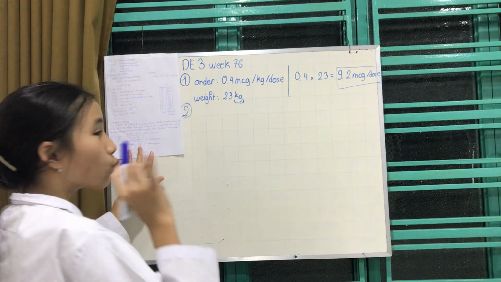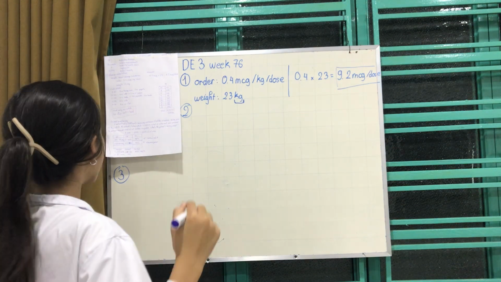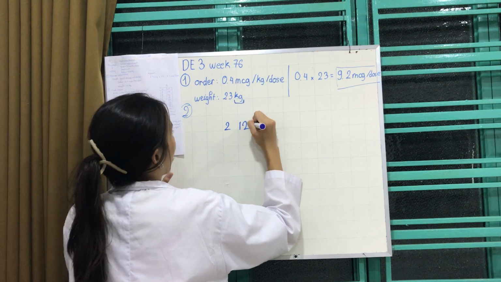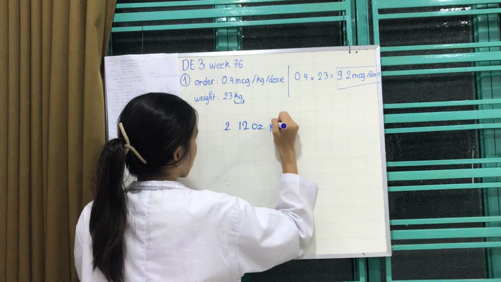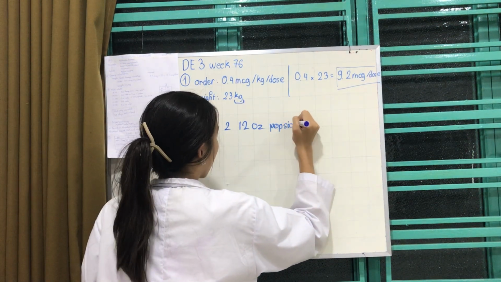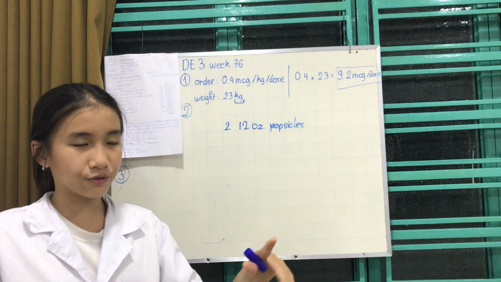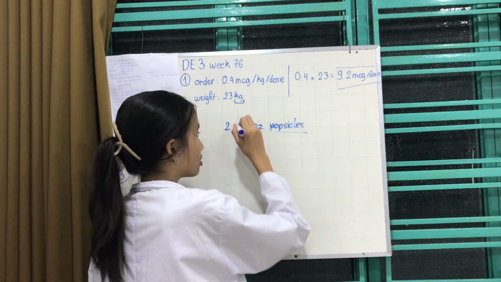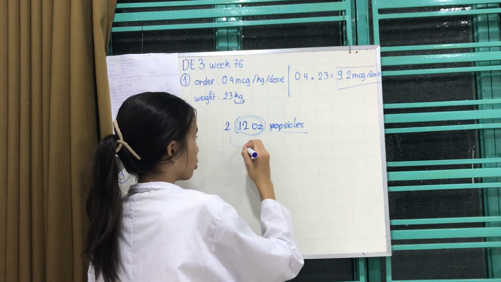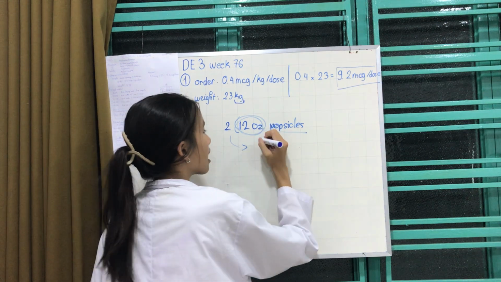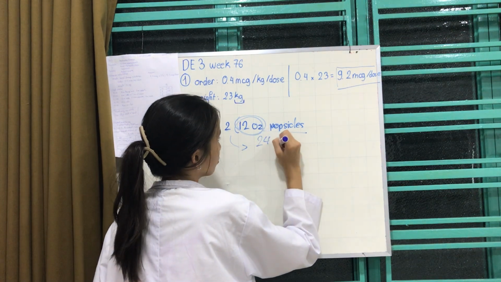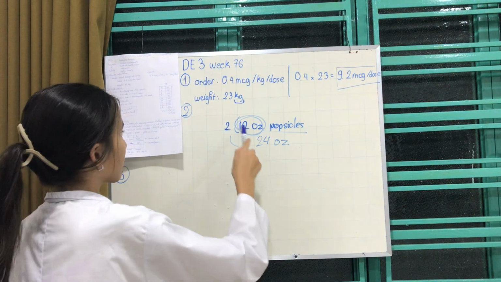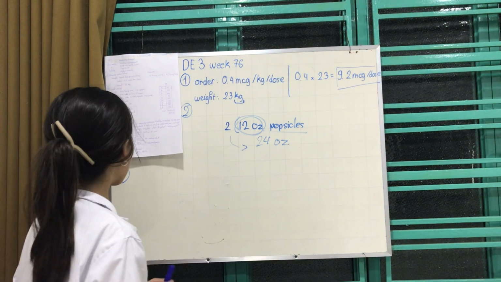There is one trick here. There are 2 12-ounce ice popsicles. What does that mean? There are 2 popsicles, and each one is 12 ounces. So two of these 12 ounces is 24 ounces. That is one thing that we had to consider.